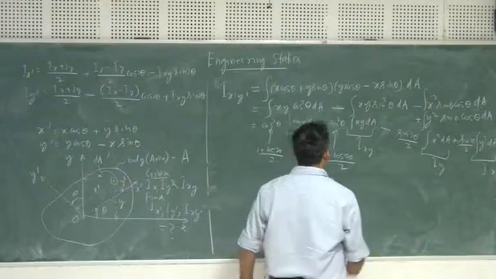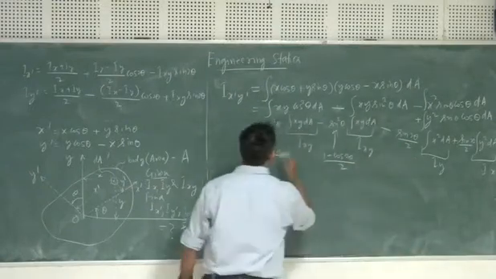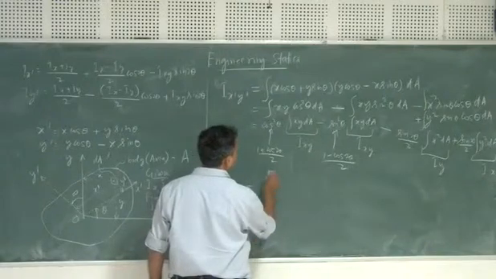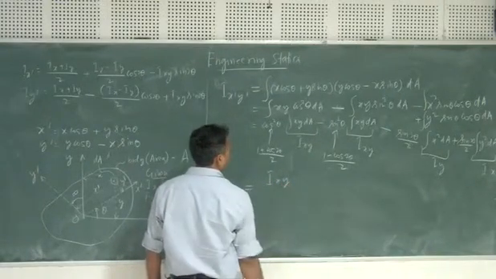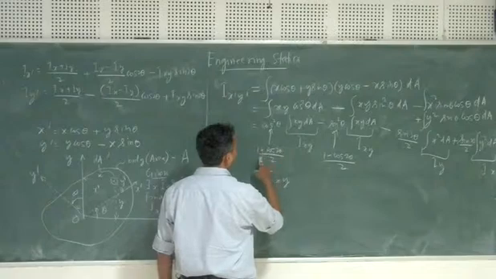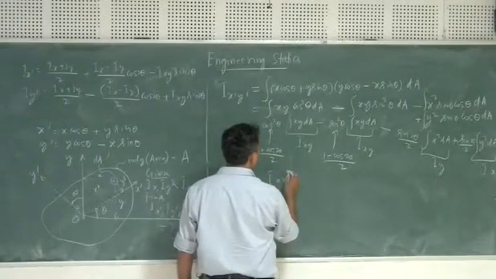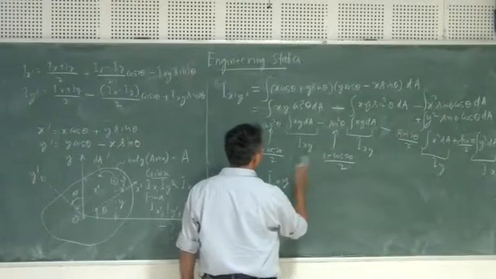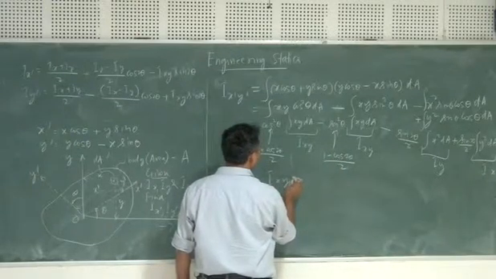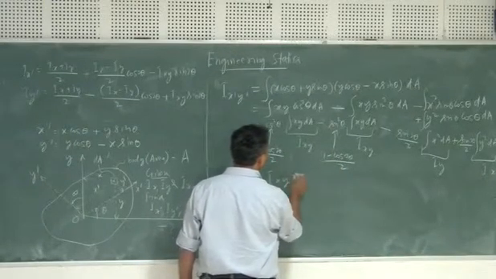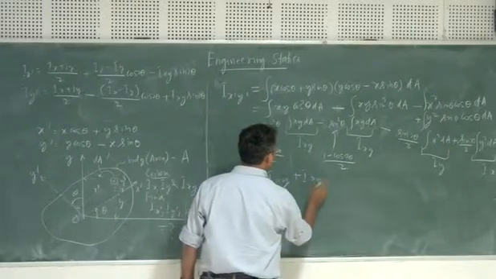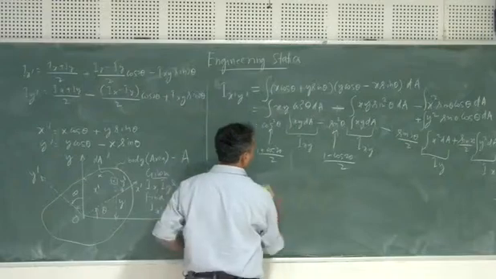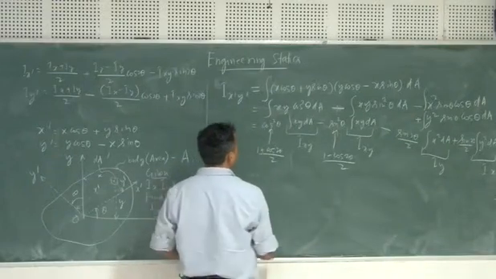So what you will be really getting, Ix, y, Ixy by 2, right?